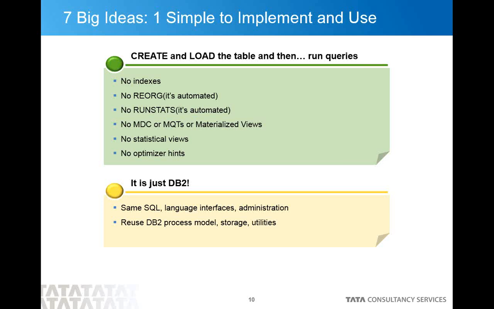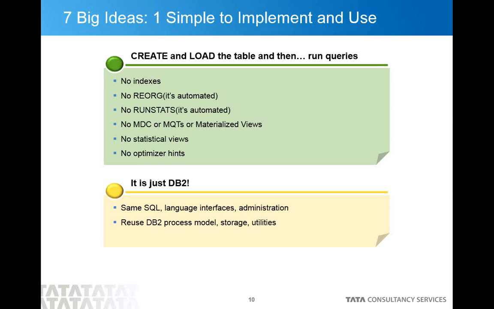Whenever we talk about the administration of DB2 BLU, we discuss more about what we don't need to do rather than what we need to do. We don't need physical design tuning. Operational memory and storage attributes are automatically triggered.